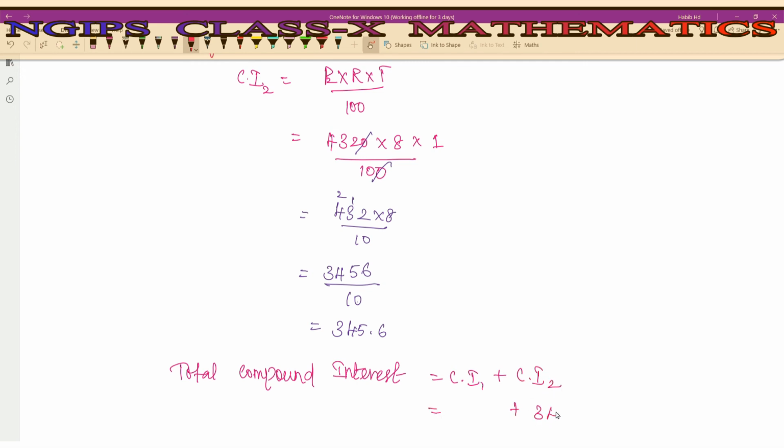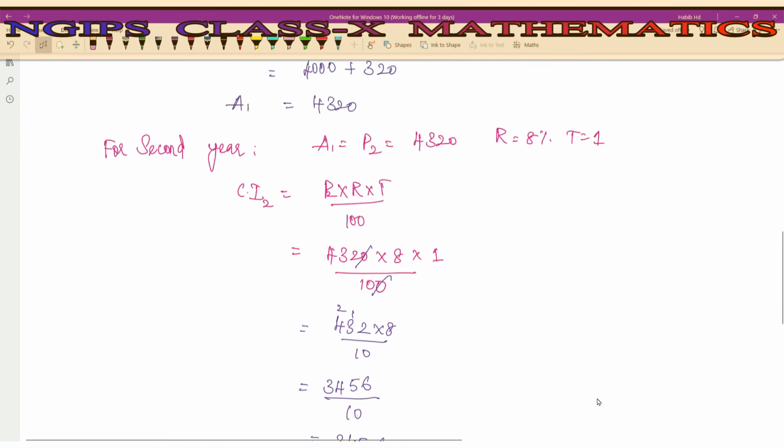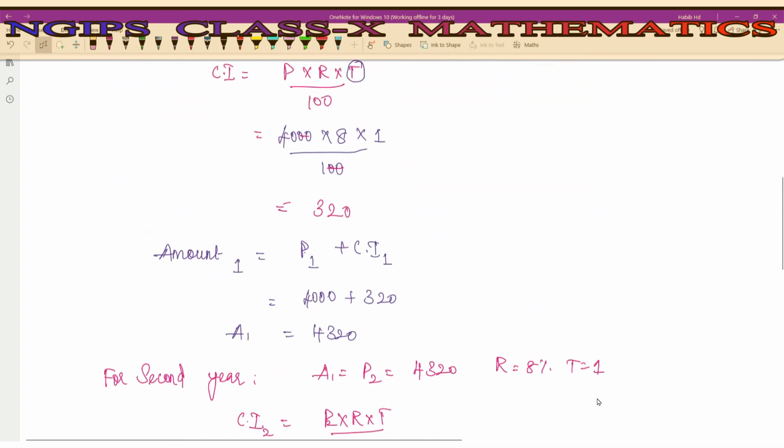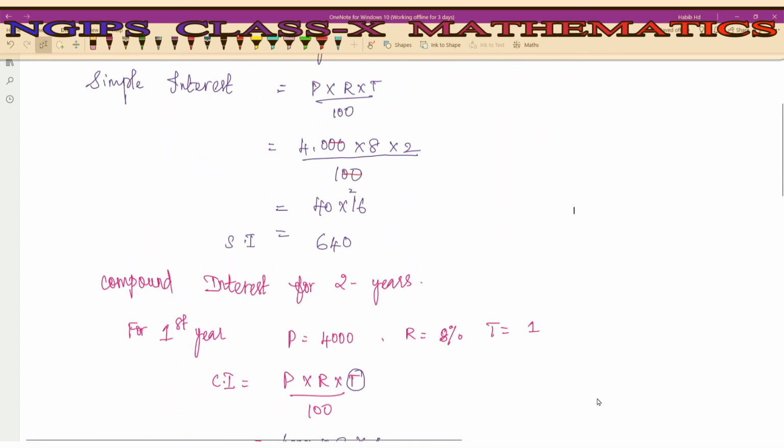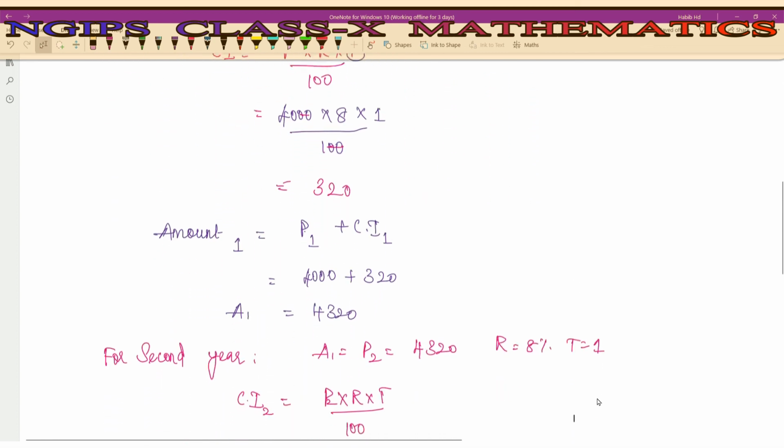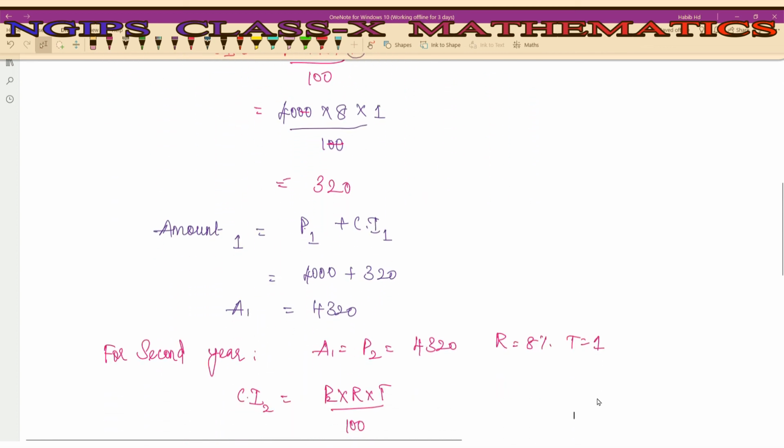Here the second year compound interest is 345.6, and the first year compound interest is 320 rupees. And we have the principal's simple interest, which is 640. The first year compound interest is 320.